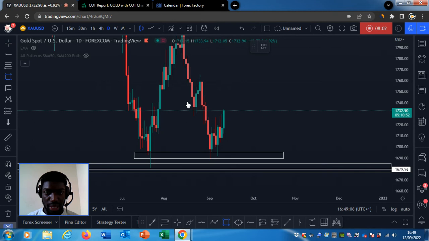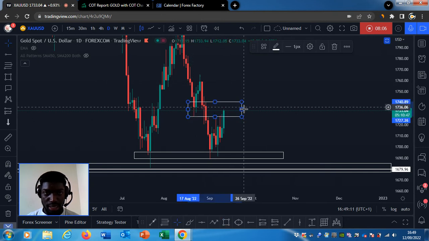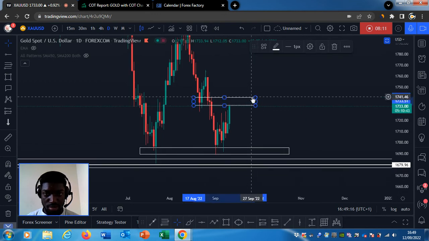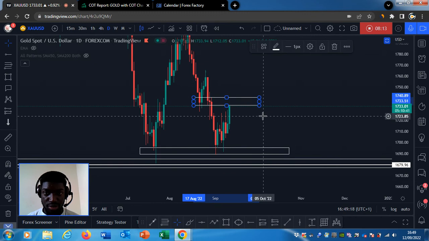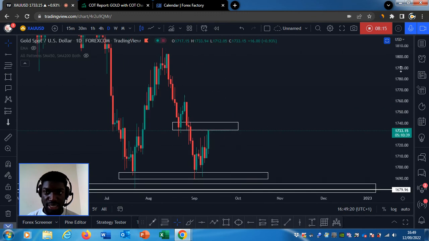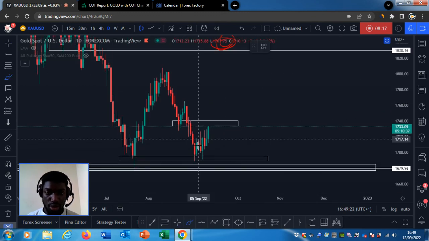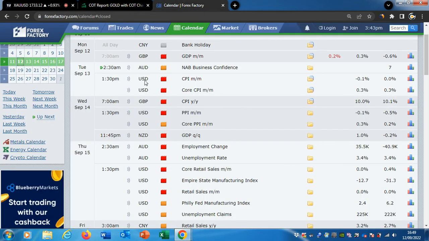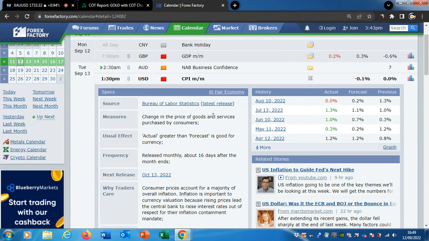However, since we have a resistance coming on the daily time frame, we have a daily resistance here. This is a key resistance. The reason I say this is a key resistance is because we have news coming out tomorrow at 1:30 for the monthly CPI, the price of goods and services purchased by companies, which is in other words inflation.